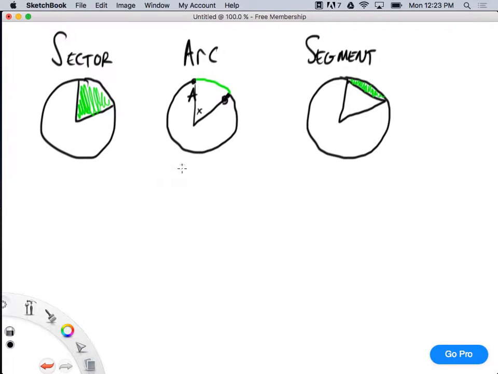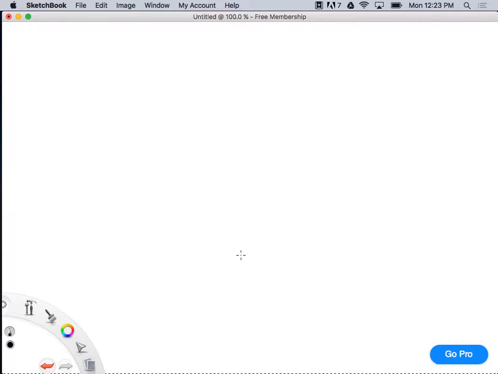Now look, how do I find the area of a sector? That's the question. Let's say I've got a circle and it's got radius 4.